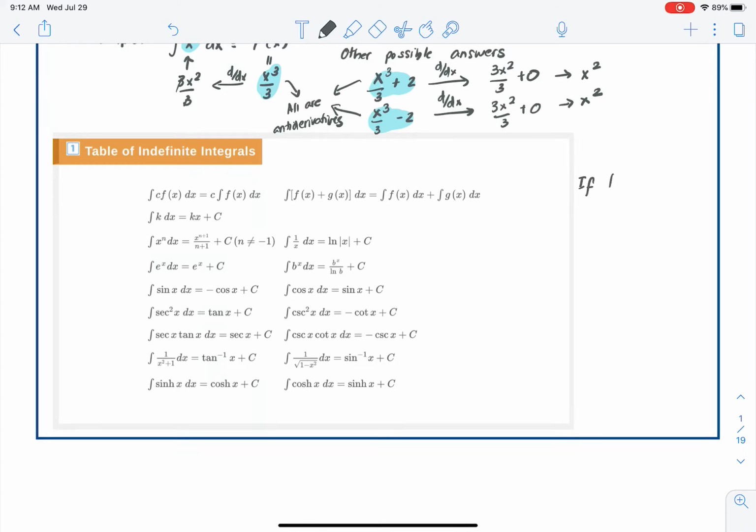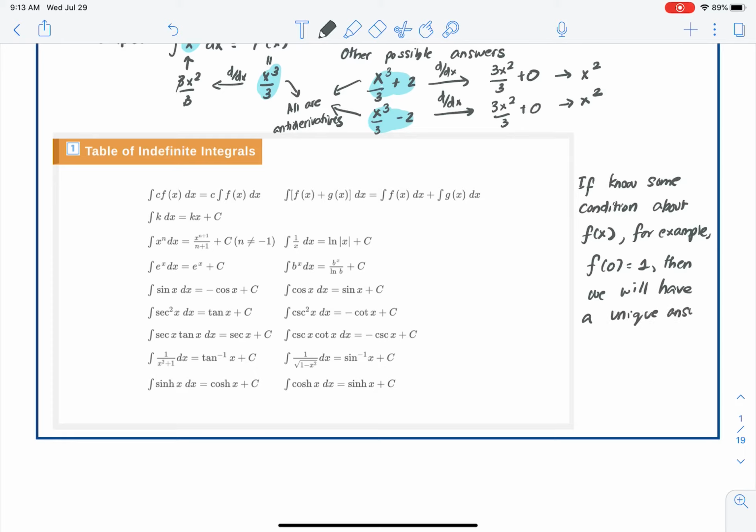So if we know some condition about f of x, for example, f of 0 equals 1, then we will have a unique answer for the indefinite integral, i.e., there will be no constant of integration.